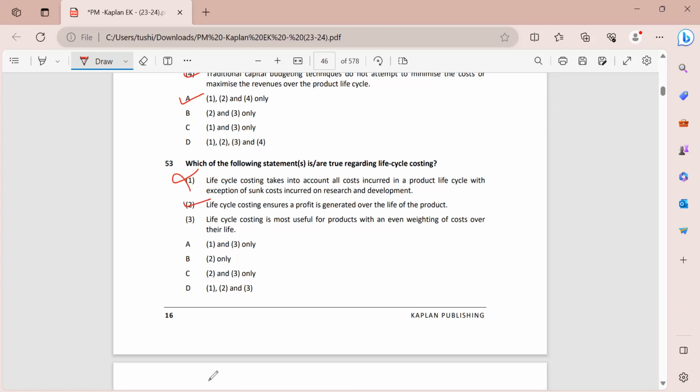Life cycle costing is most useful for products with an even weighting of costs over their life. This is absolutely not true. Why? Because life cycle costing can also be used for those products where it is not necessary that costs are evenly weighted. We usually see that life cycle costing proves very useful even when there is a very high initial cost involved in the beginning of the life cycle. So option B is the correct answer over here.